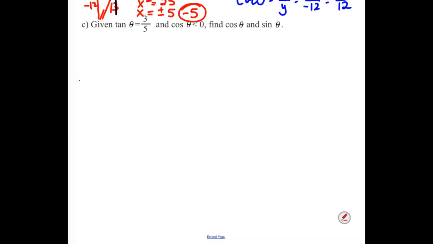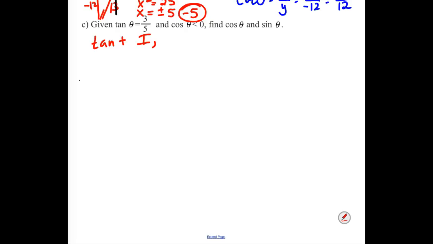All right, let's check your work. Given the tangent is 3/5 and the cosine is negative, find the cosine and the sine of theta. So tangent is positive in which quadrants? For tangent to be positive, both x and y have to be positive, which would be quadrant 1, and both x and y could be negative.